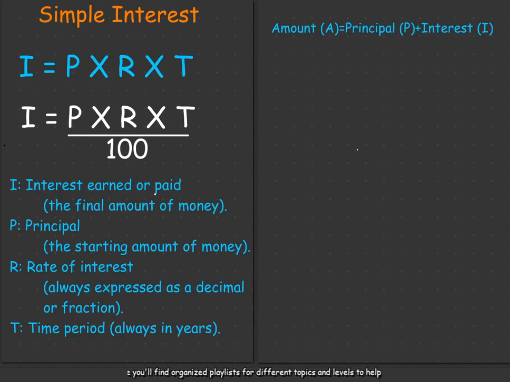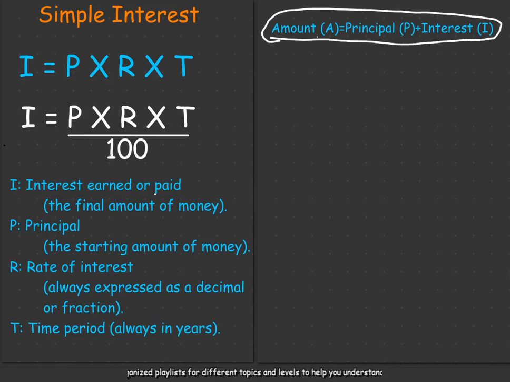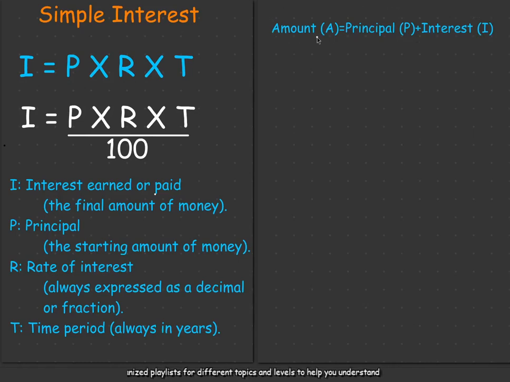The total amount you are supposed to give back to the bank becomes the principal you took, in this case the 500, plus the interest. That will give you the total amount. So this is the formula here.